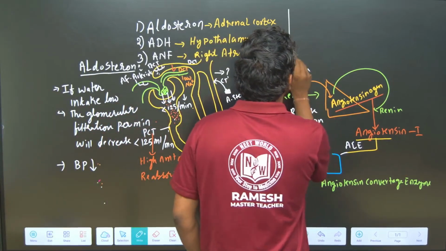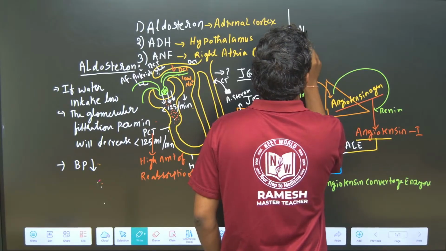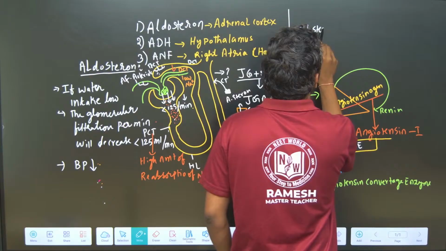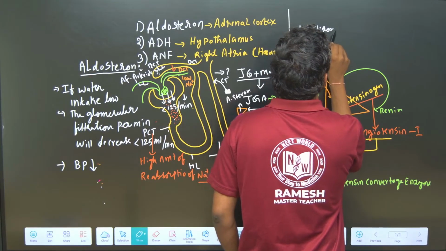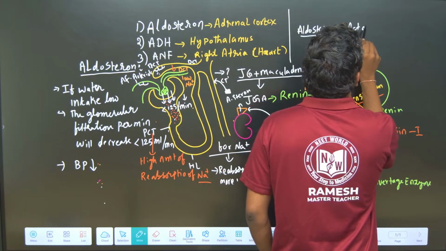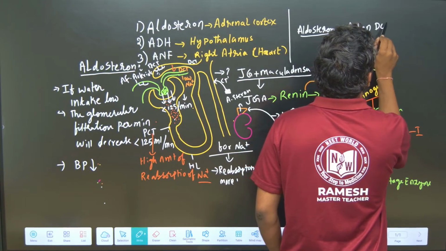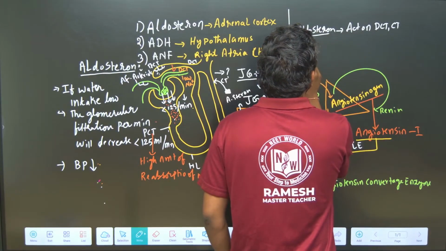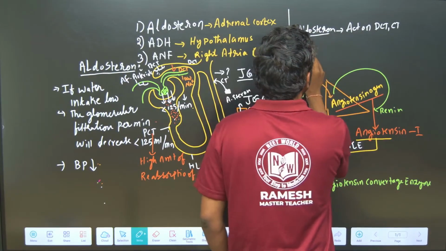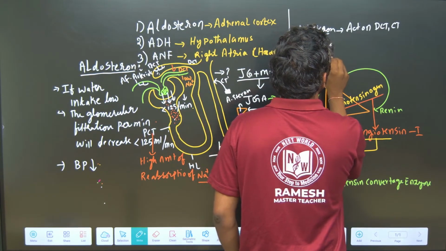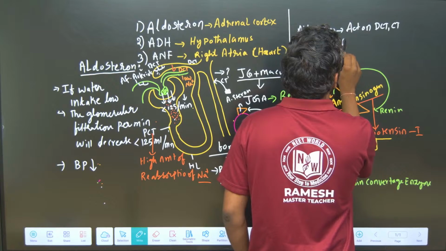Here I am going to write: aldosterone acts on the DCT part and collecting duct, and sodium reabsorption increases.